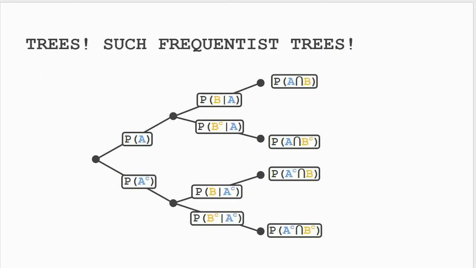Okay. So, for example, this is how the trees work. Say you have this branching point here. You can have A, or you can have the complement of A happen, right? So there are only two options. So, given that A has happened, what's the probability of B or not B happening?